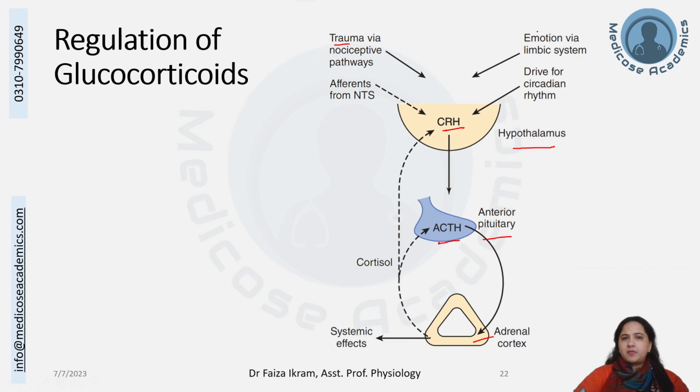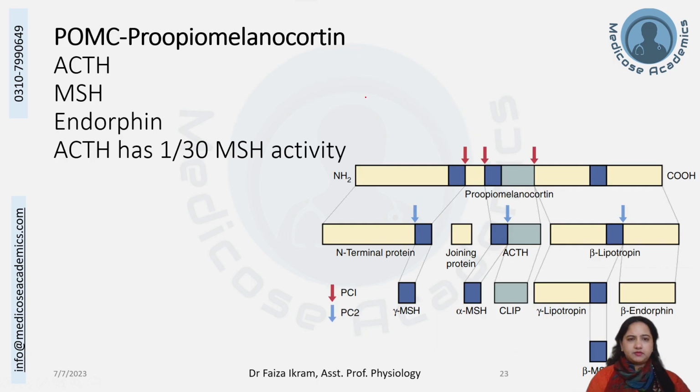So trauma, pain, limbic system, emotion, circadian rhythm are stimulating the production of corticotrophin releasing hormone. These are afferents from the nucleus of tractus solitarius. This is in context with the orexigenic and anorexigenic potential. So this is not related with endocrinology right now, what we are discussing. So let's leave it over here.